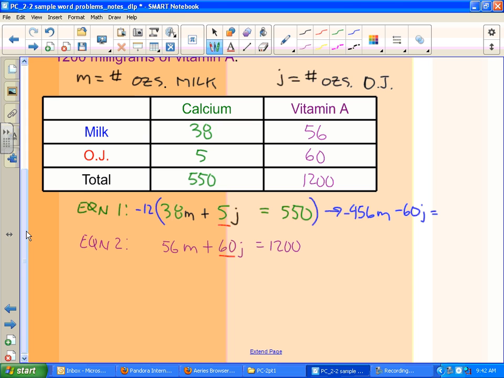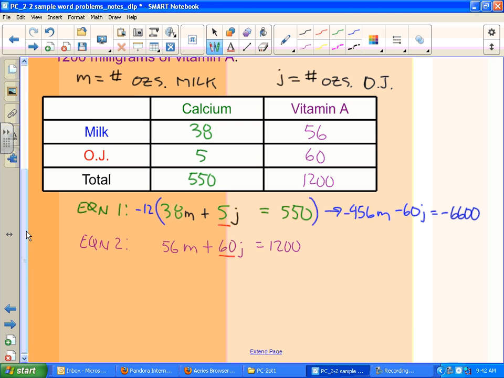All right, so 550 times 12, 550 times 10 is 5,500, plus another 1,100, is that 6,600? Oh, man! Minus 6,600. All right, now that's new equation number 1.